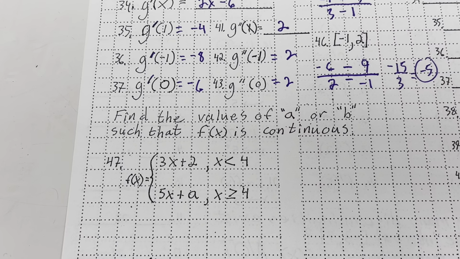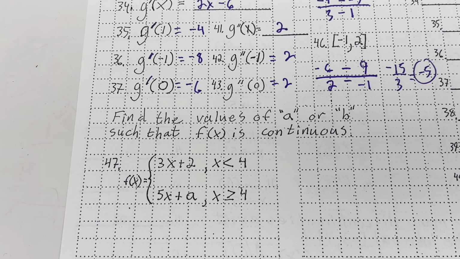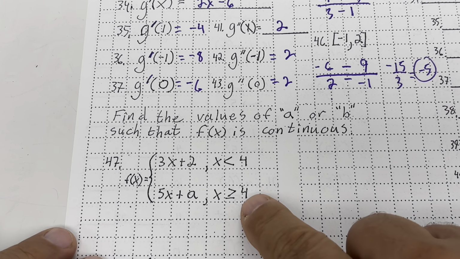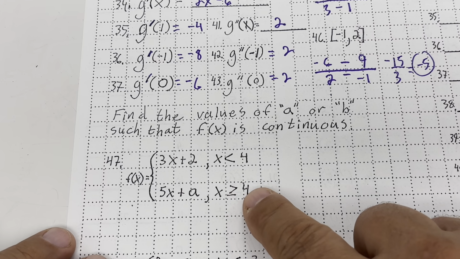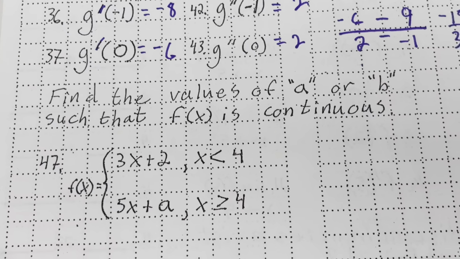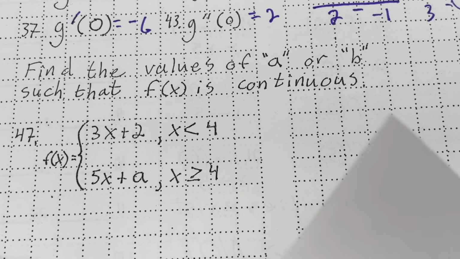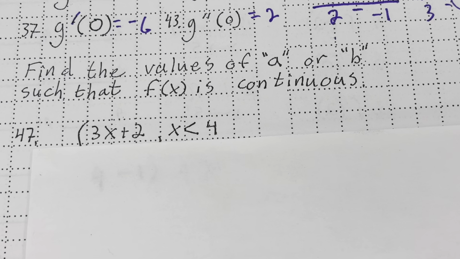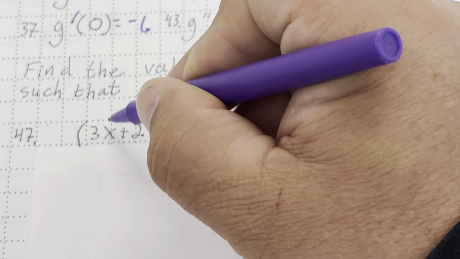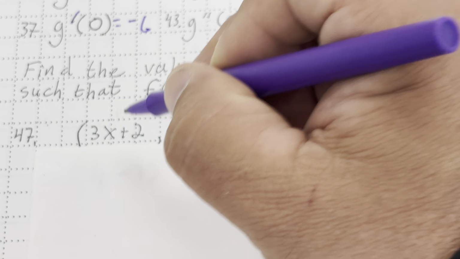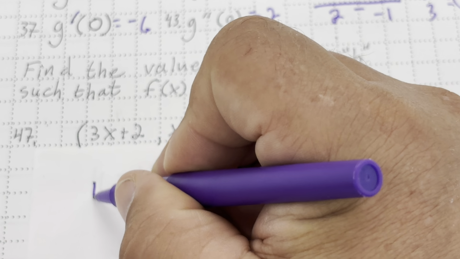Find the values of a or b such that f of x is continuous. So that means they have to be equal to one another where there's a discontinuity at 4, where the pieces meet. So we're going to plug 4 into x. That would be 12 plus 2, so that would be 14.